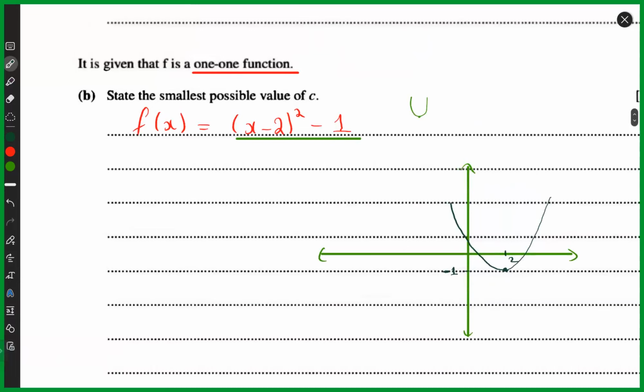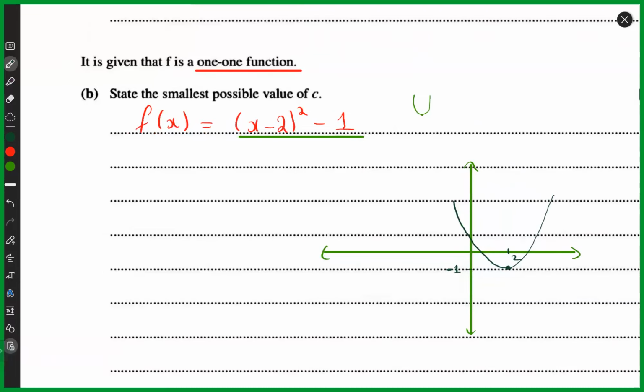Now, one-to-one means for one x, we should only have one y. But if we look at the graph for now, if I make one horizontal line, this is my horizontal line, I can clearly see that I have two x values that are corresponding to one y value.